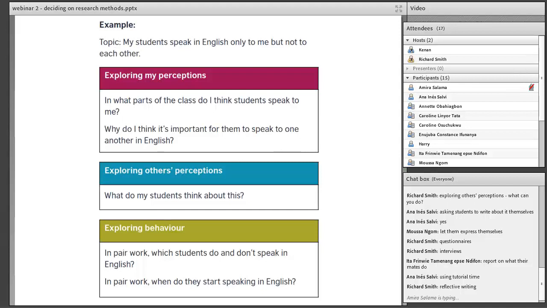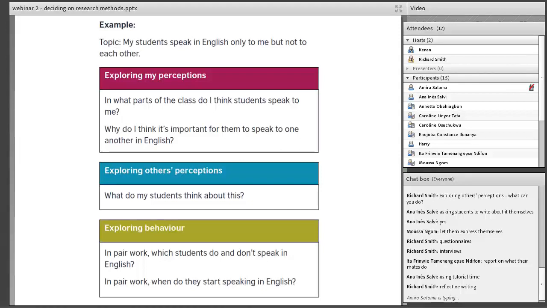Give them a piece of paper. Ask them one question, maybe an open question like, "What do you think about speaking English in pair work?" It can be in their own language. It doesn't have to be in English. They write notes. It doesn't have to be sentences. And you gather all the pieces of paper.